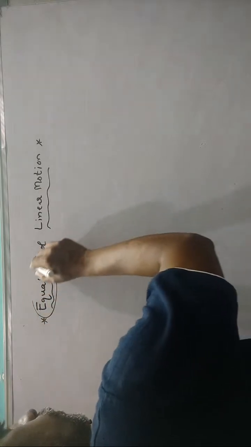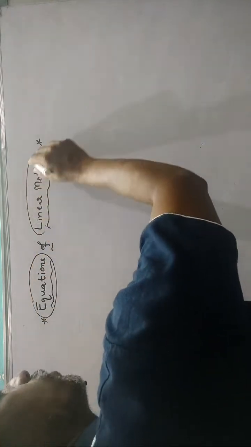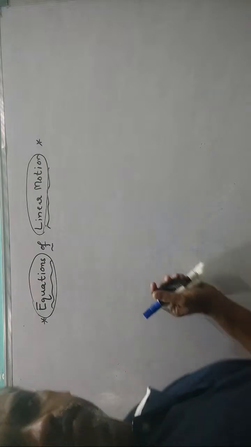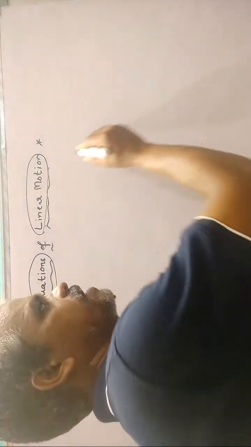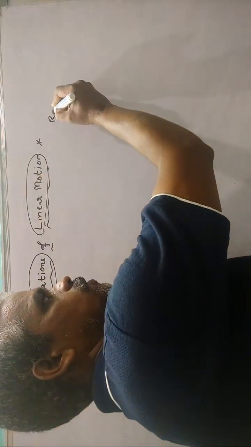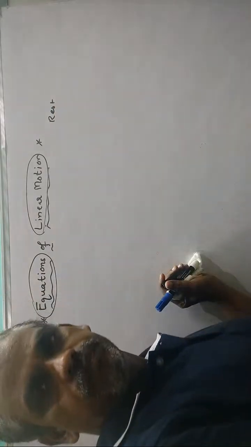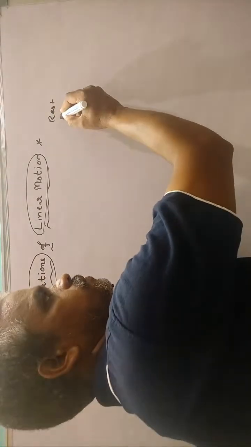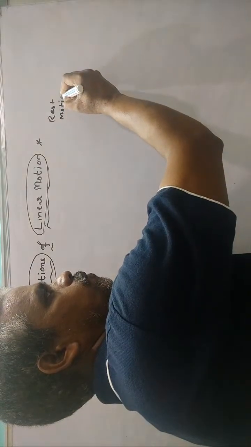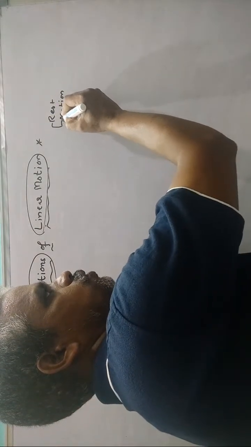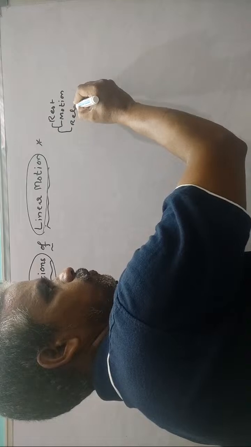Okay, now see, equations of linear motion. So what is motion? In kinematics we discussed rest, next motion. Rest and motion are relative.